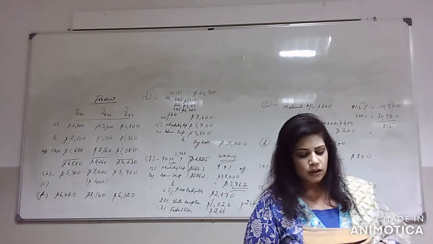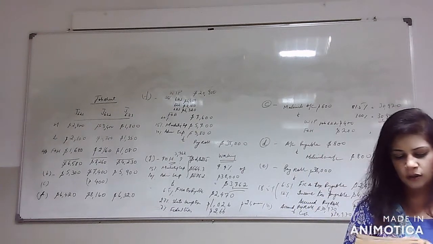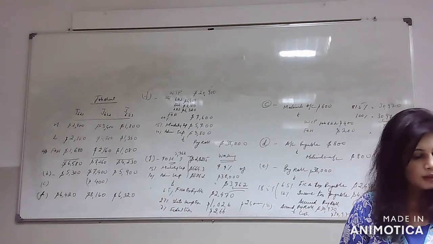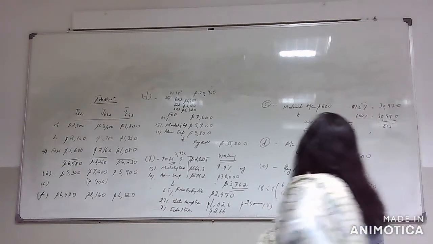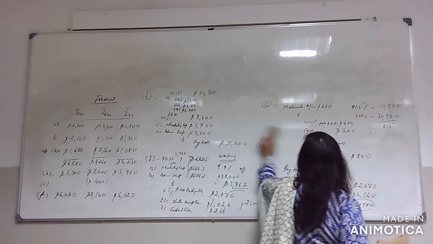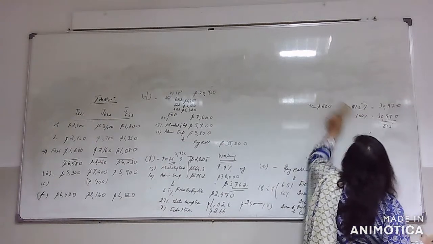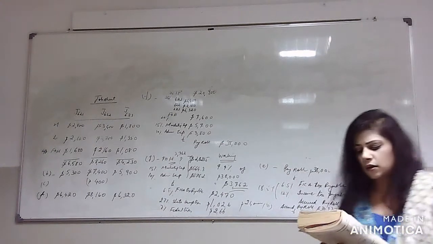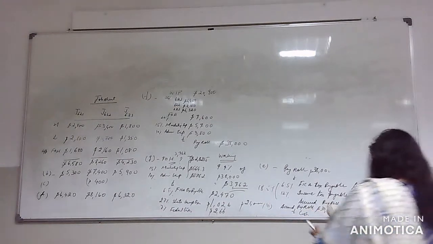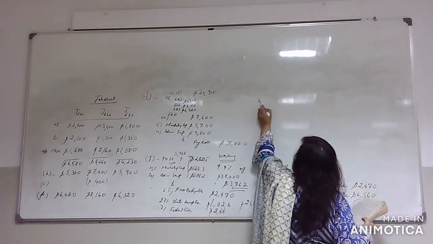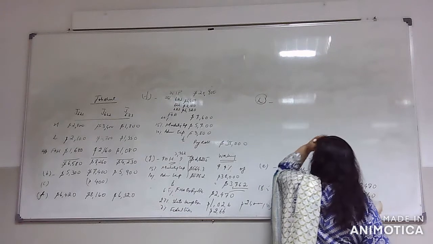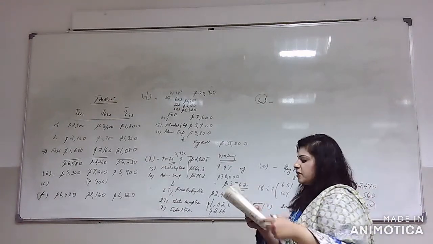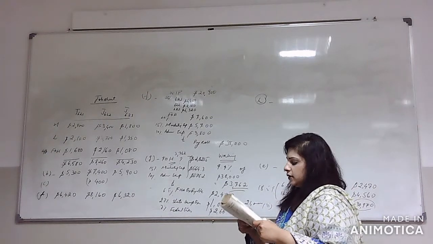Okay, so now the next part. This is part H. So now part H is relatively easy for you to understand. Part H says that factory overhead other than previously mentioned amounted to 5,500.